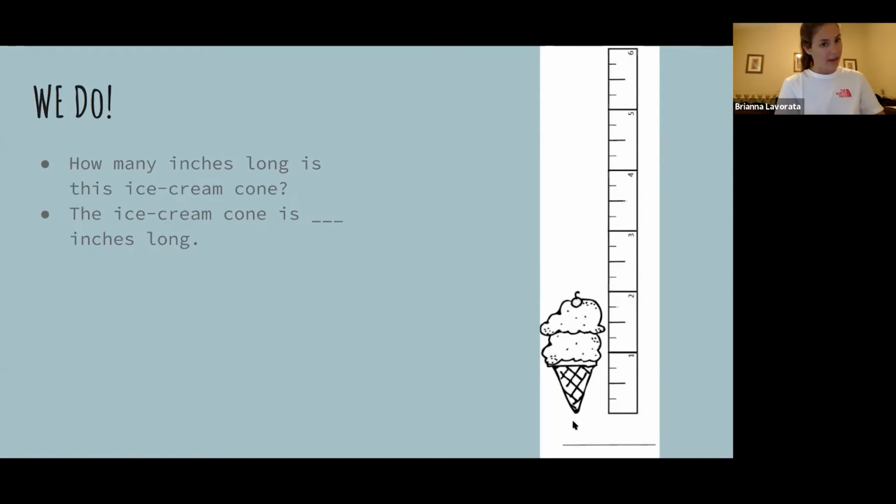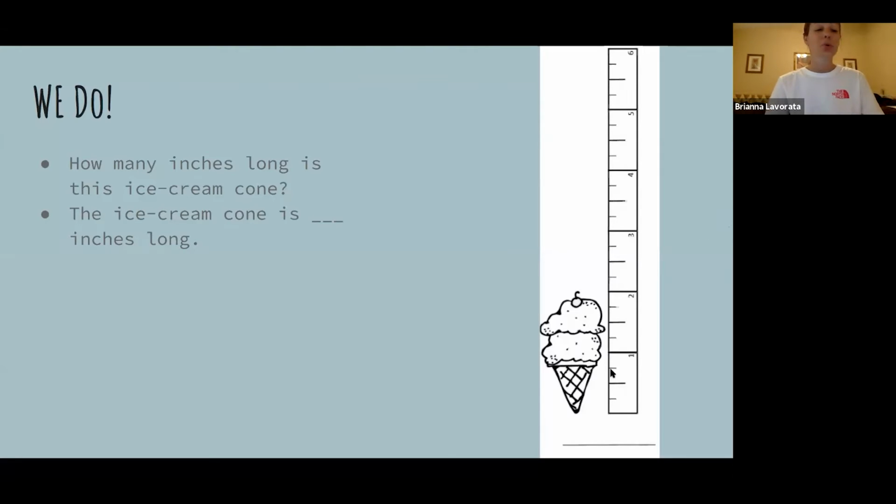So we can go ahead and write number 4 below number 3 and say the ice cream cone is, so the ice cream cone is, and let's find out how many inches long our ice cream cone is.